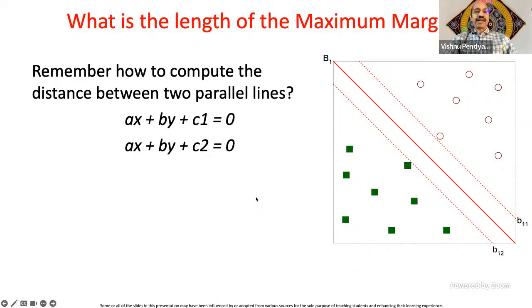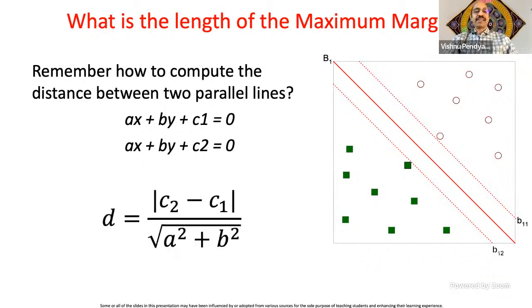How do you find the distance between two parallel lines? This is a simple geometry problem, which we would have studied in elementary, middle or high school. The distance between the two straight lines is given by c2 minus c1 divided by the square root of a square plus b square.